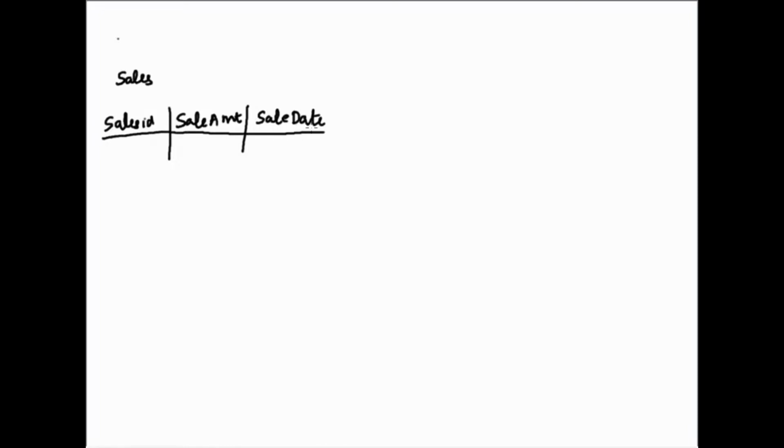Now, your boss comes to you and says that, you know what, if there is a sale of say $1,000 for any date, there should be an automated email being sent.